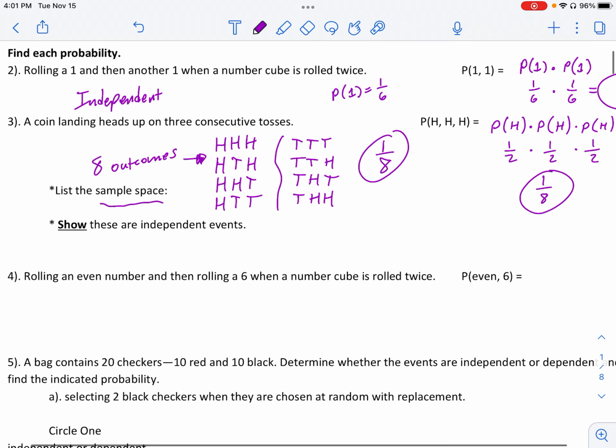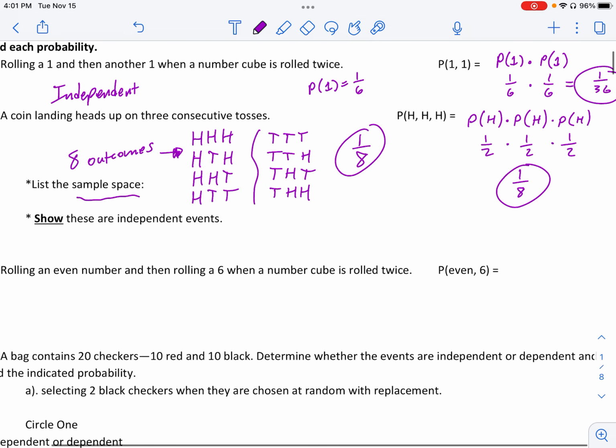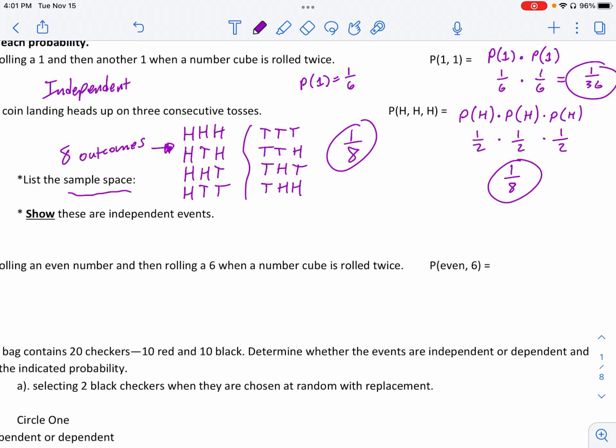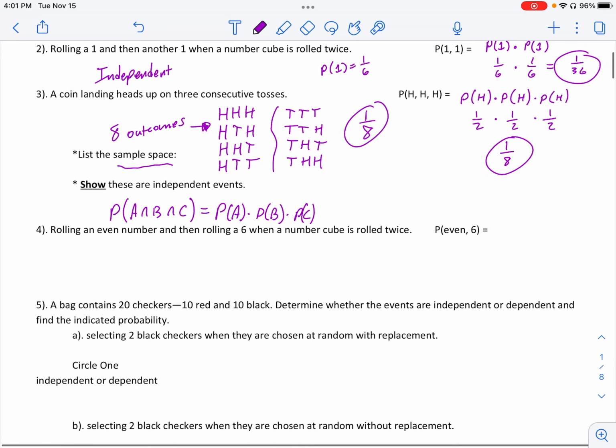Now it says, show that these events are independent. Well, I just kind of did. I'll say A, B, and C, because I did 3 events in a row: the probability of A and B and C equals the probability of A times the probability of B times the probability of C. Which I really just did, folks.